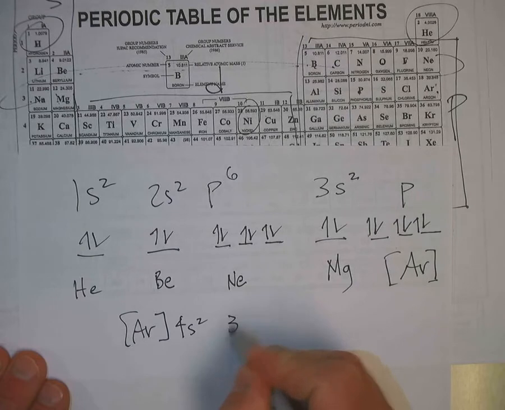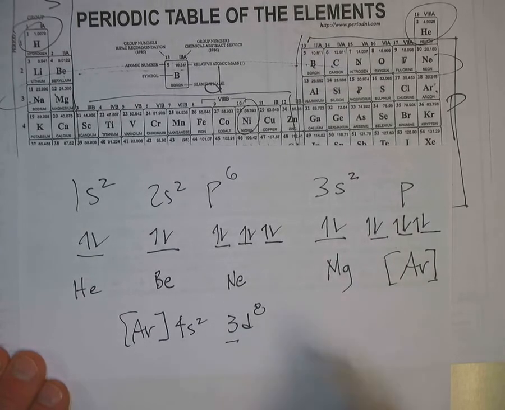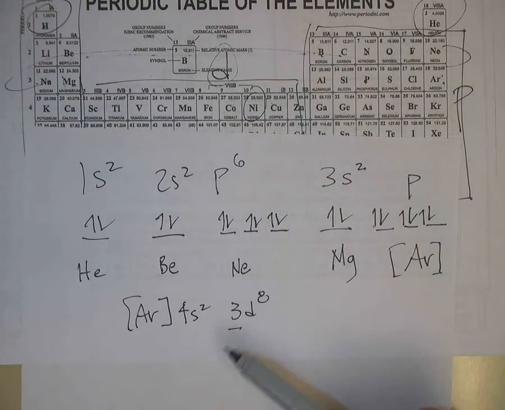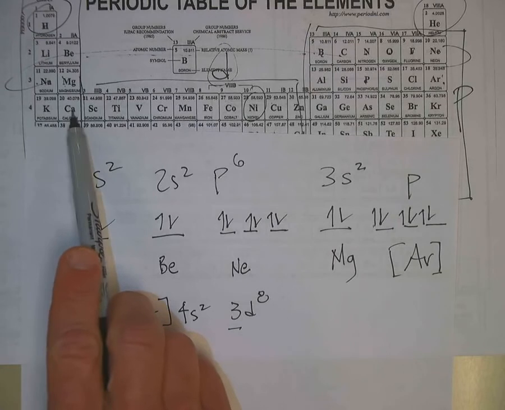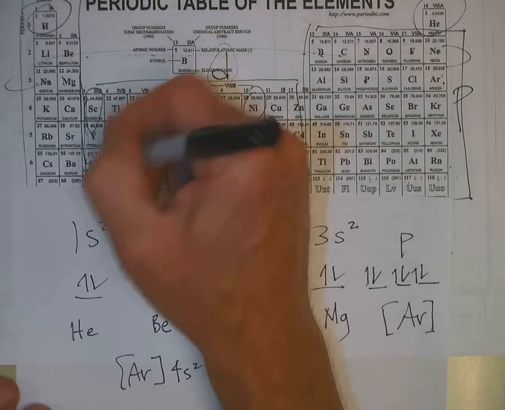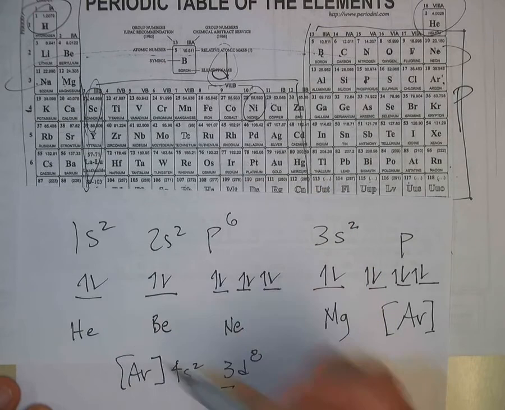And notice I said 3d, because the third energy level also contains d's, but since they're of higher energy, they fill after the 4s electrons. And so the 4s electrons fill first, and then these d orbitals are actually one energy level less than their period number.